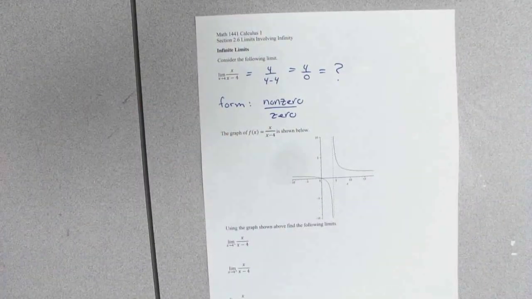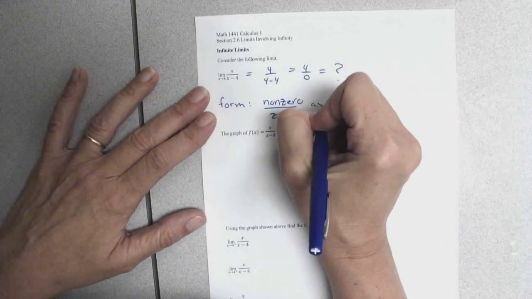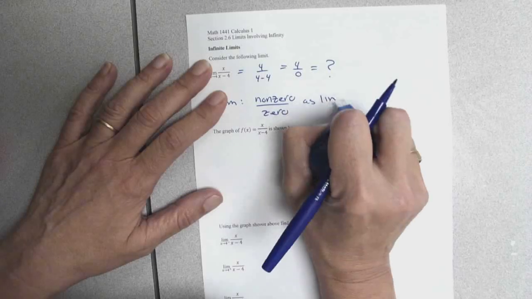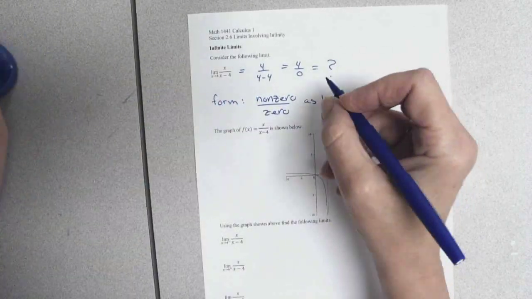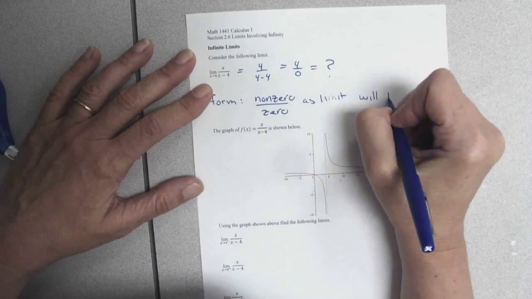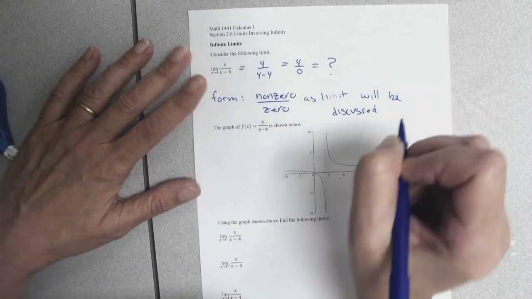If it was a functional value, we'd say it was undefined, but as a limit, it's not clear what to do. So non-zero over 0 as a limit will be discussed.